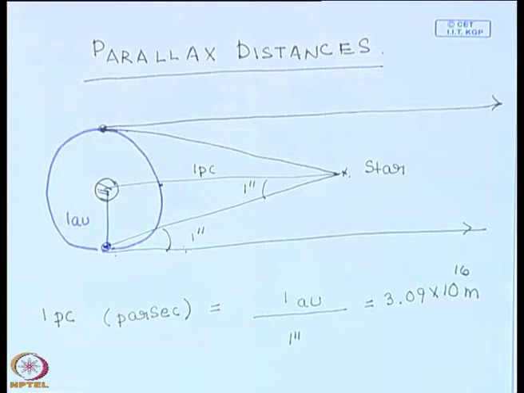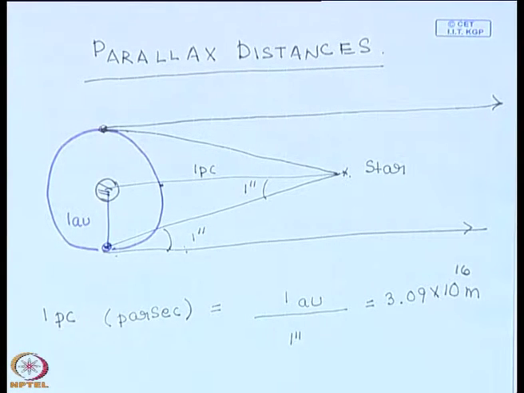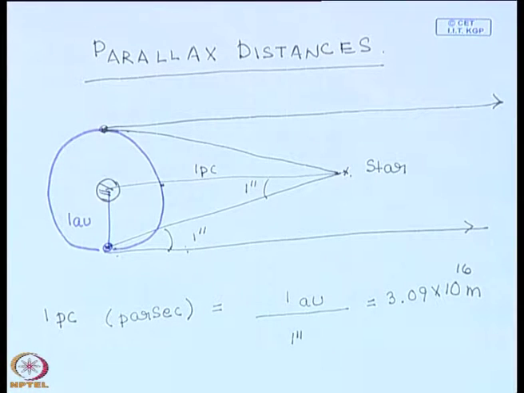So, this is 1 parsec, that is the distance scale outside the solar system. So, within the galaxy, the stars that we see, we shall be talking about distances in parsecs, kiloparsecs, etc. Okay. So, this is the first thing.